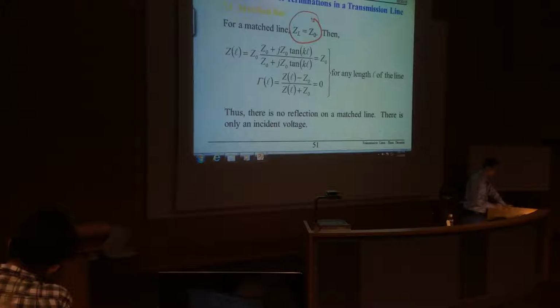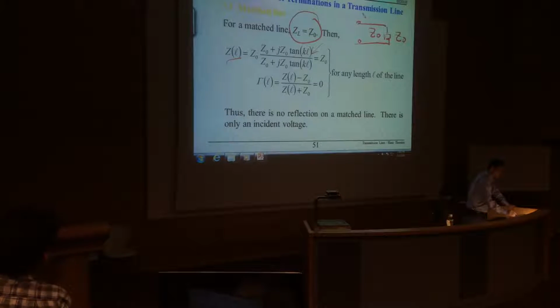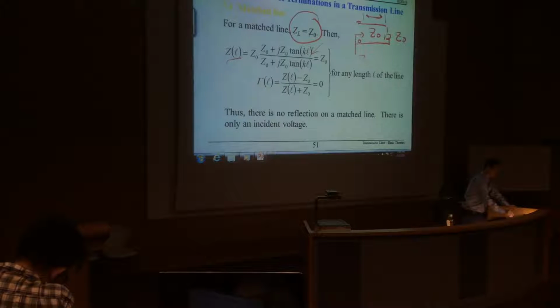If we substitute this into the equation, it turns out that at any location of the transmission line, the input impedance is Z0. We don't care about the distance. At any location, the input impedance should be equal to Z0.